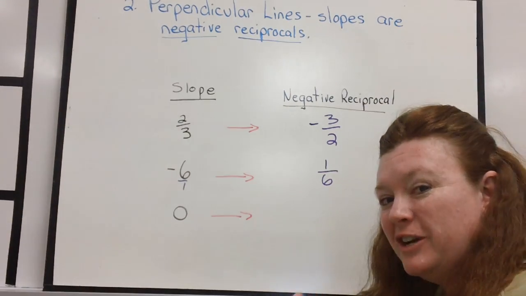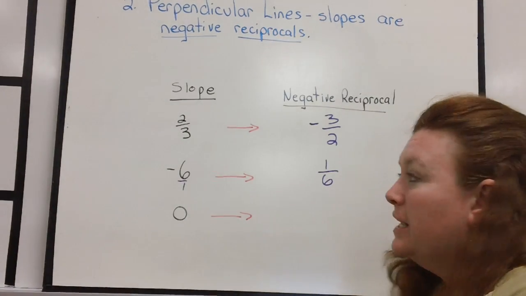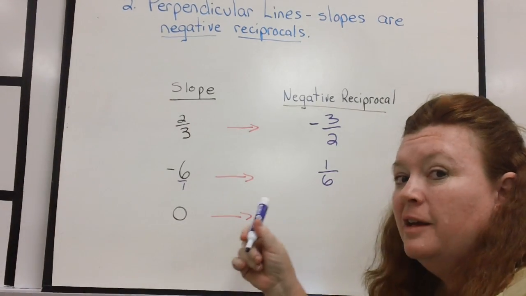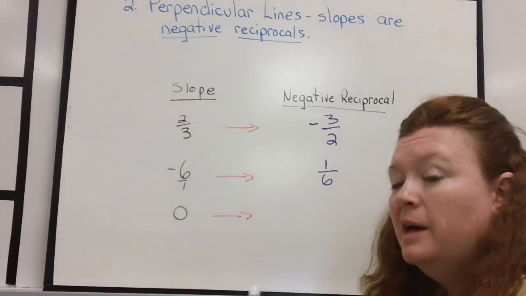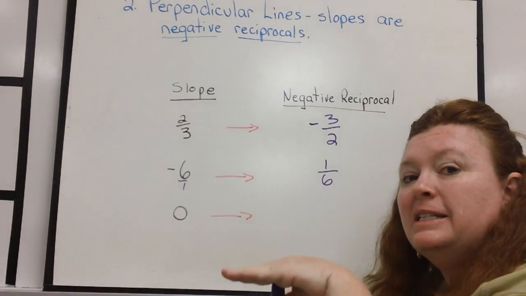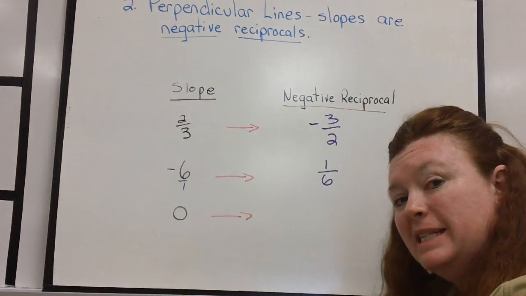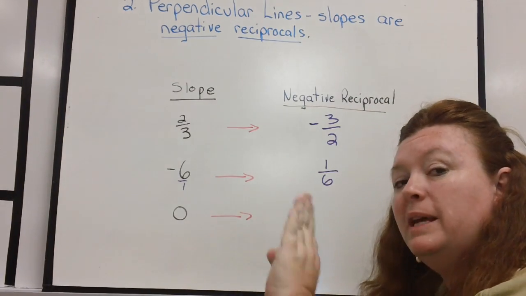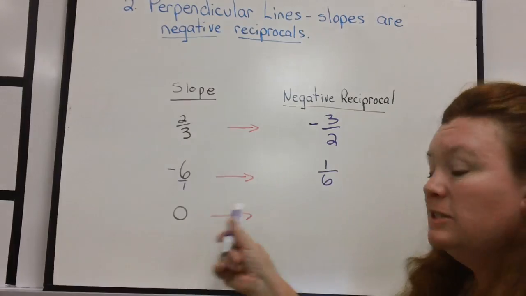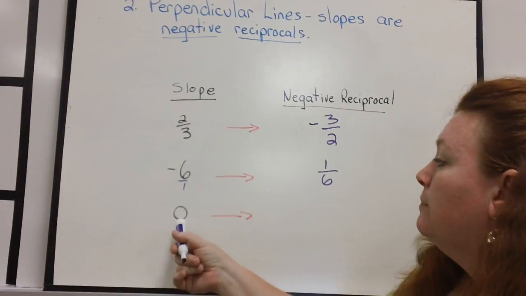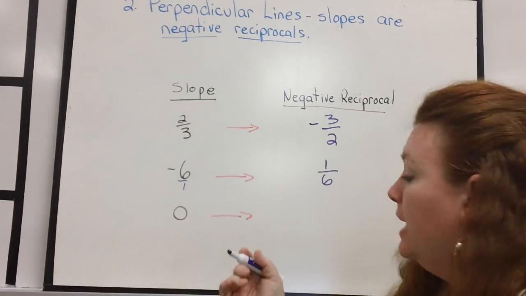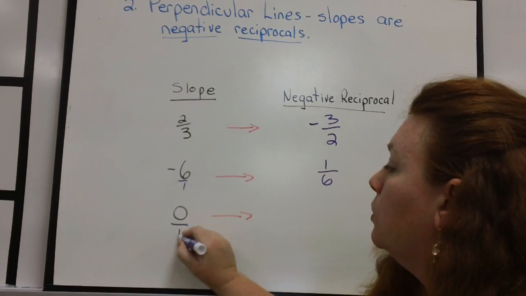Likewise, here comes the tricky one. 0. If you recall, a line that has a slope of 0 is a horizontal line. So if you think about it, its perpendicular line would be vertical. But let's look at the slopes. A slope of 0, again, you could think of it as 0/1.